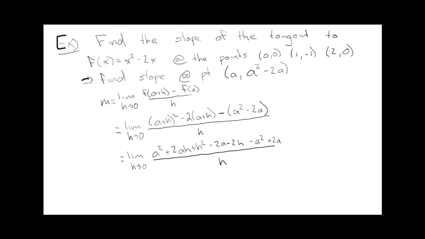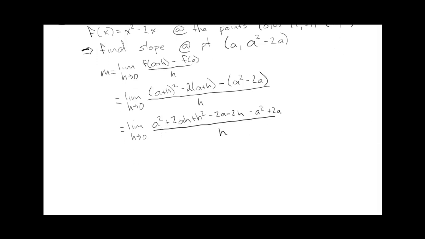And now what you're going to notice is some good stuff starts happening. A squared minus a squared. Minus 2a, plus 2a. So now notice what we're left with. Limit as h goes to 0 of, I'll just write this out, 2ah plus h squared minus 2h all over h.